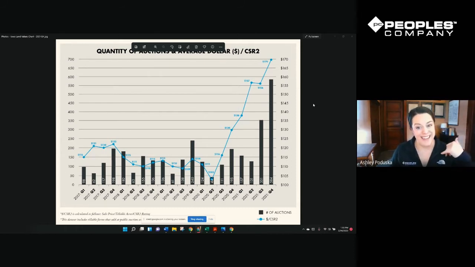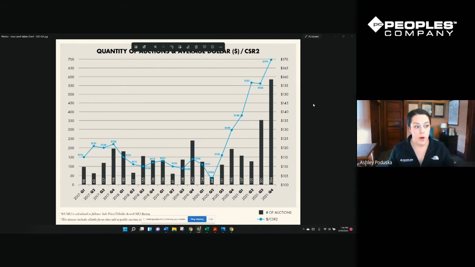However, over the next few quarters, you can see a sharp increase in not only the dollar per CSR2 point, but the number of tracts that sold. We went from, let's say before the pandemic, Q1 of 2020 had 124 tracts sell at an average dollar per CSR2 of $111 per point.